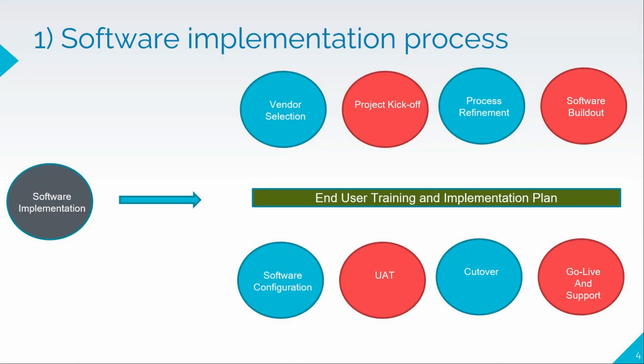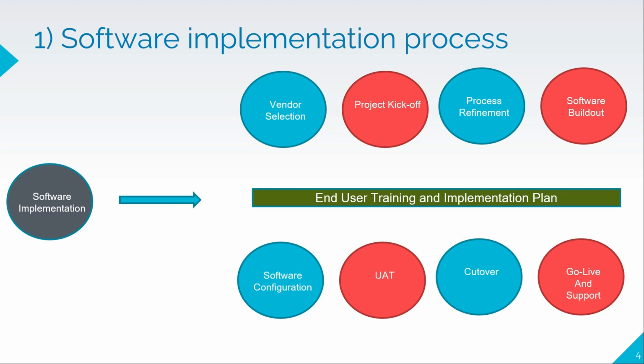The next one is we will see what the software implementation process is. We have a software and we are going to implement it, so what are the processes inside that? We have the end user training and the implementation plan. The end user training will not have a specific area or specific time.